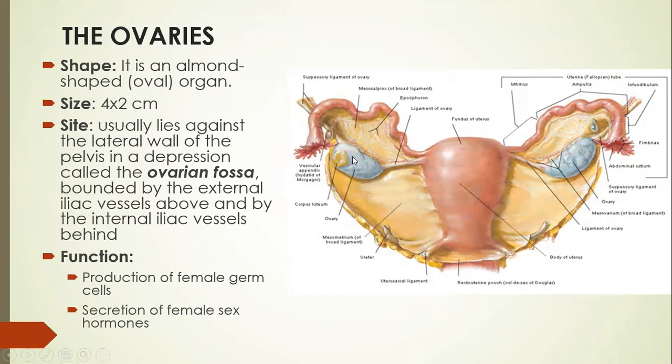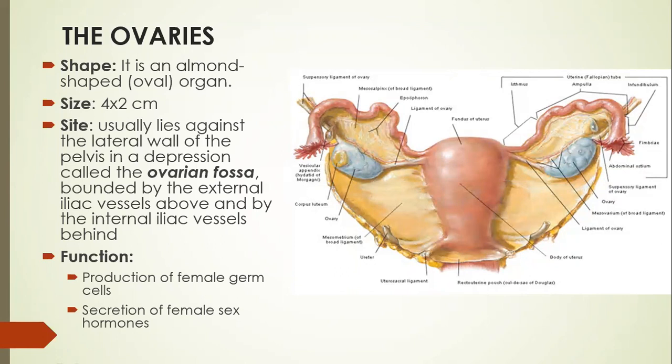It usually lies against the lateral wall of the pelvis in a depression called the ovarian fossa. Within the ovarian fossa, this ovary will be present, bounded externally by the external iliac vessels above and by the internal iliac vessels behind.